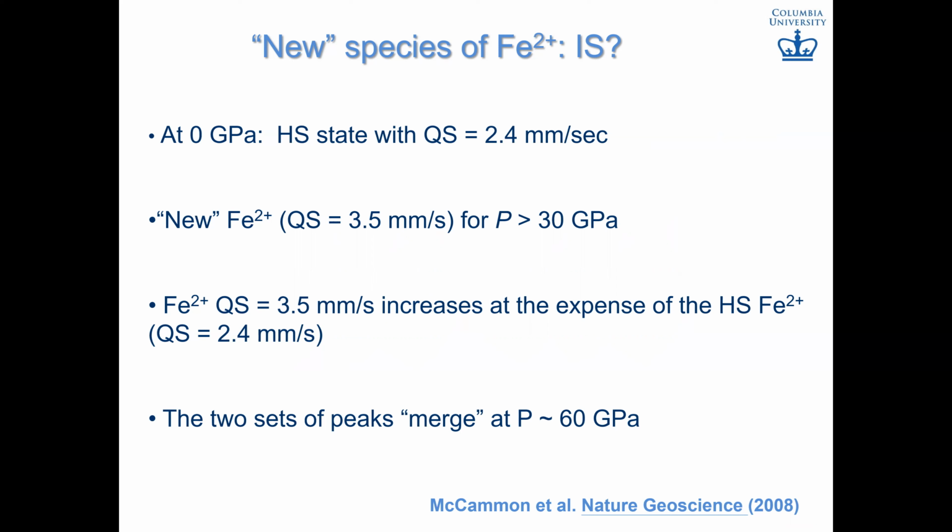Under pressure, a second kind of iron shows up with a quadrupole splitting of 3.5 millimeters per second. Between 30 and 60 GPa, both kinds of iron coexist in the sample, and above 60 GPa, there is no more low quadrupole splitting iron, only high quadrupole splitting iron. It was suggested that this is the intermediate spin state because the quadrupole splitting increases, and we know that the low spin state has quadrupole splitting that's quite small.